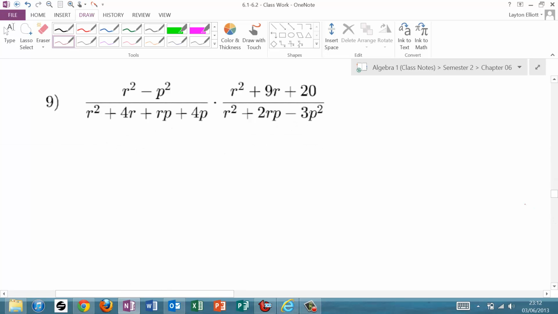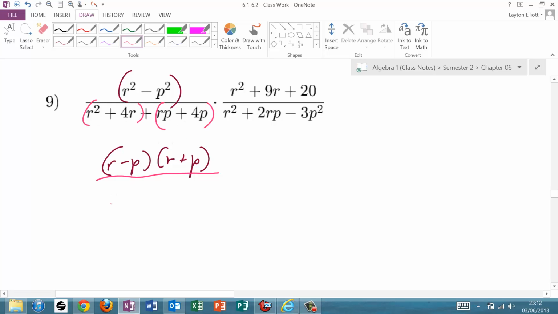Oh, I have more. Okay, let's factor r minus p, r plus p. Oops. Denominator, factor by grouping. So let's take those two and let's take those two, and we get an r times an r plus 4 plus a p times an r plus 4.